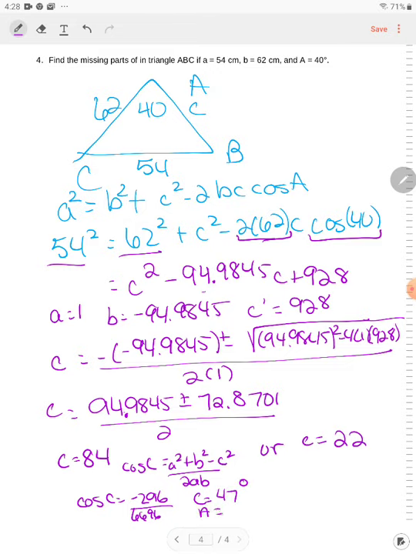And then A is equal to 180 minus 40 minus 47 is 93 degrees. Oh, not A, I apologize. B. We already had angle A. So B is equal to, let me double check that cosine of C. I think I may have made a mistake.